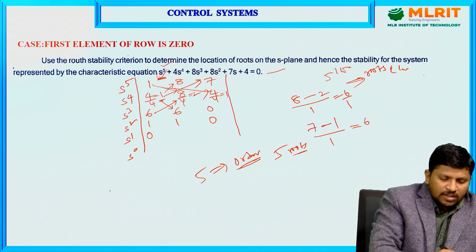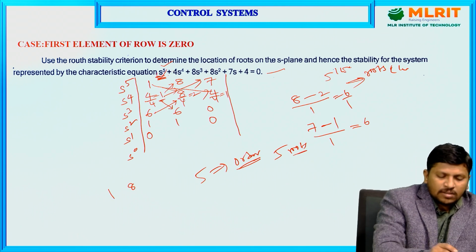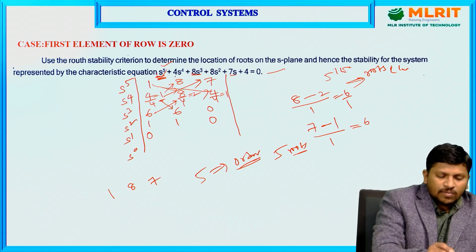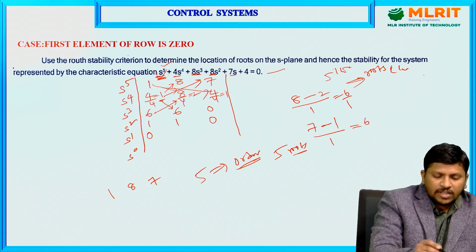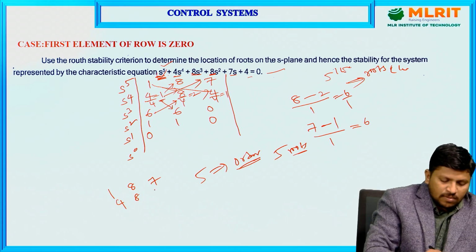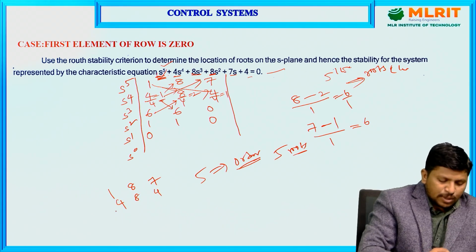So 1, 8, 8 and 7. Here 4, 8 and 4. So divide by 4 is 1, 2 and 1.